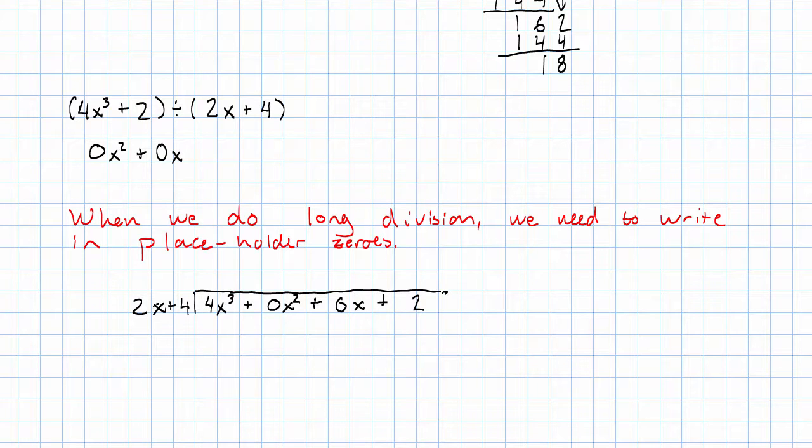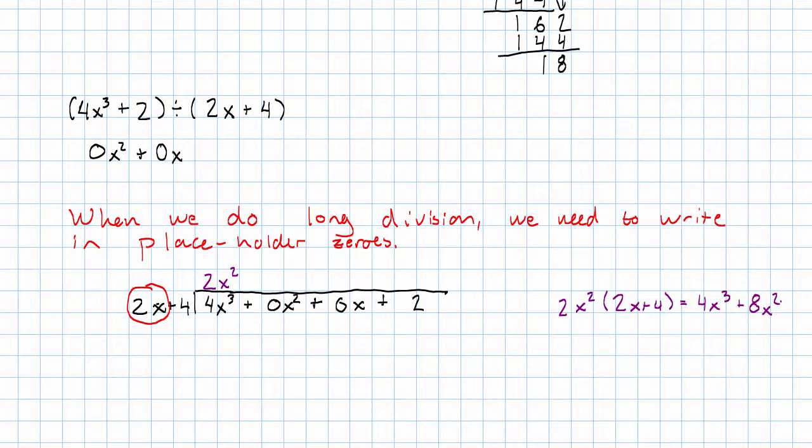This way, when we do our division, again looking only at the first term, 2x goes into 4x to the third. Well, 4 divided by 2 is 2. X to the third divided by x is x squared. We have our 2x squared times 2x plus 4: 4x to the third plus 8x squared.